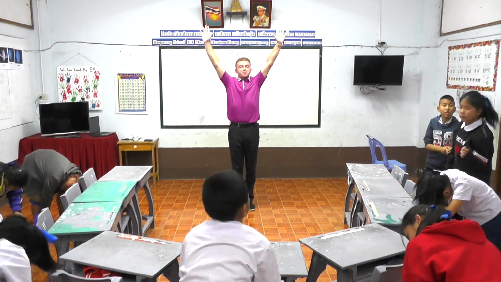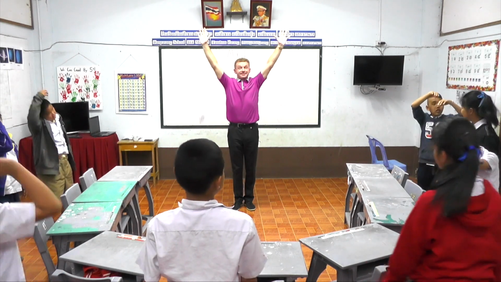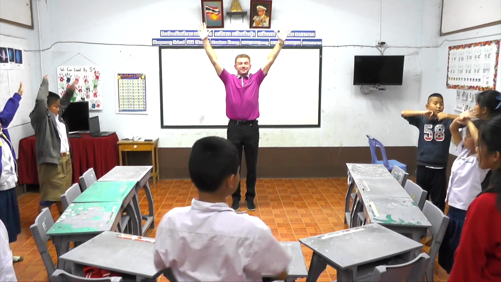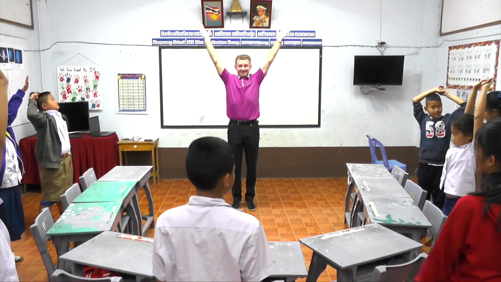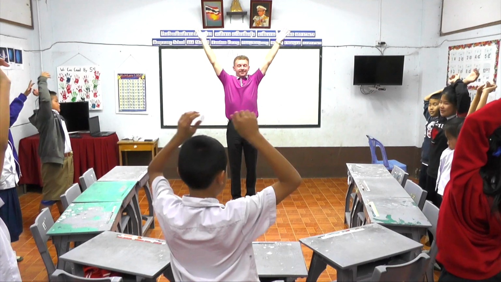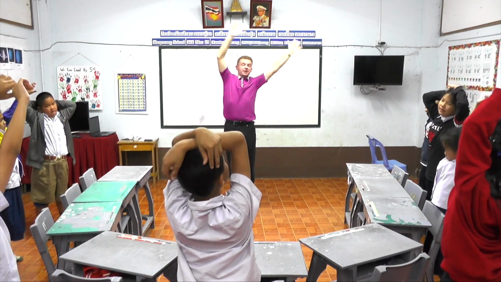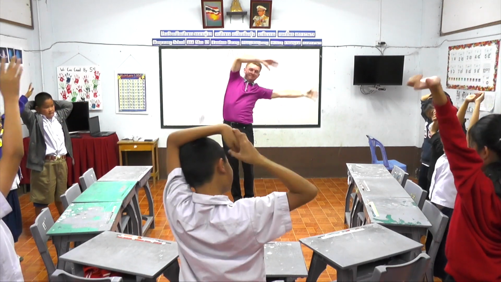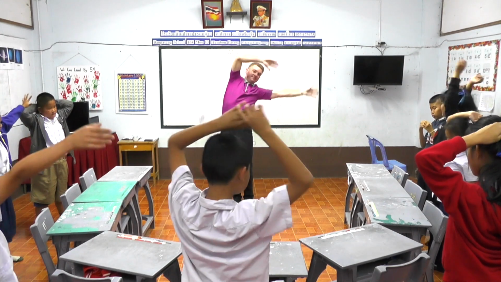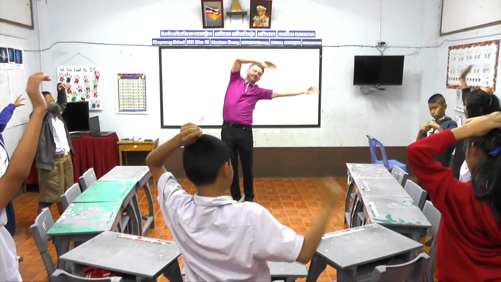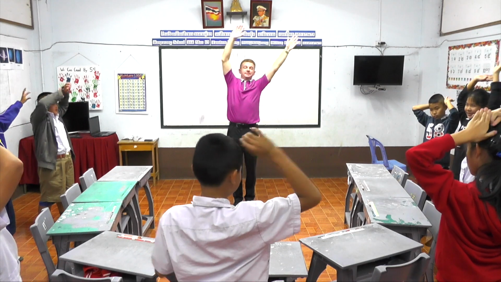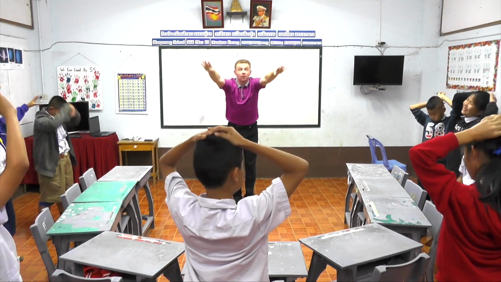And then back up high one more time. And this time, can we go tippy toe high? And while we're there, let's have a wave side to side. And then back down to touch our toes once more.